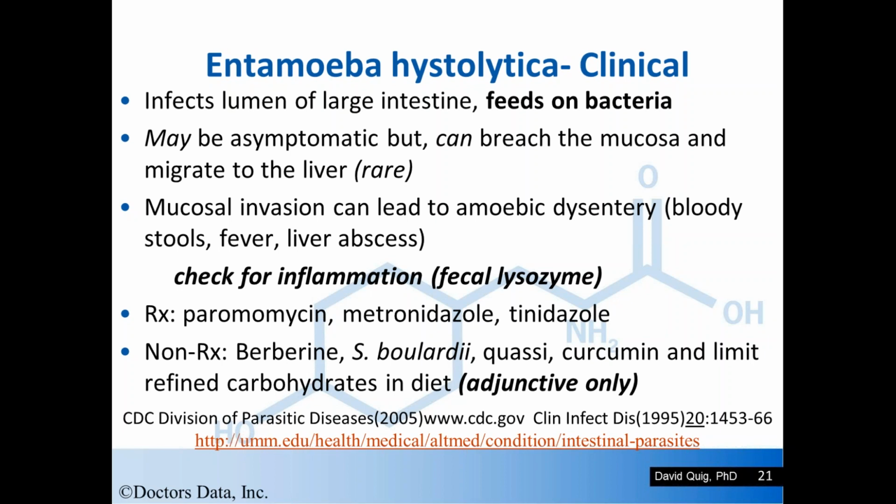They can be very adjunctive: berberine, Saccharomyces boulardii that we're all familiar with, quassia, curcumin, and very important with E. histolytica as well as blastocystis, limit refined carbohydrates in the diet, because they just love carbohydrates, even bread and more complex carbohydrates.